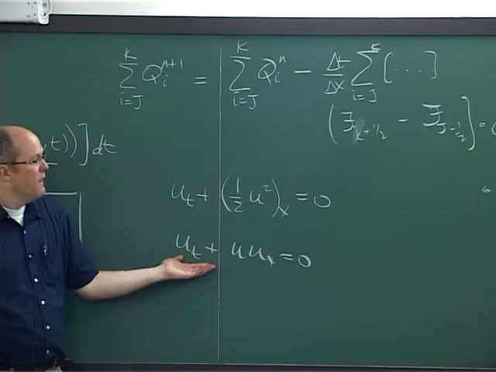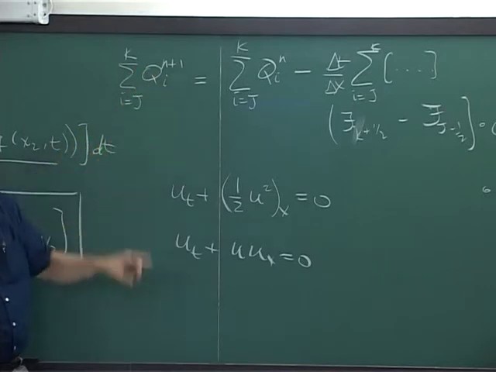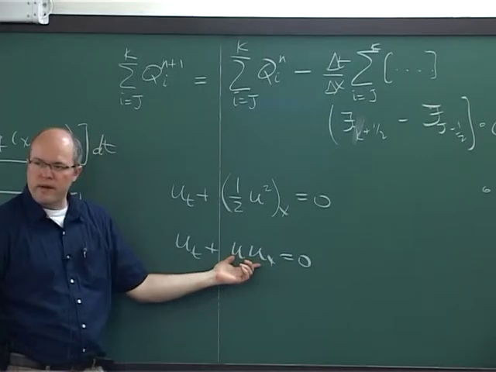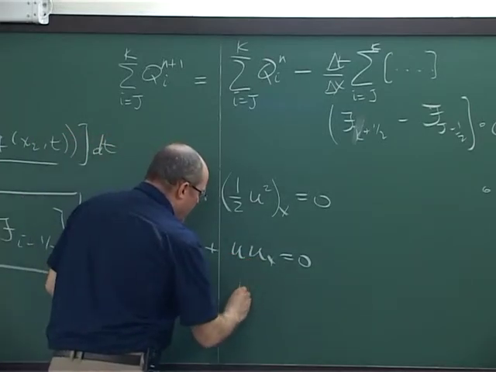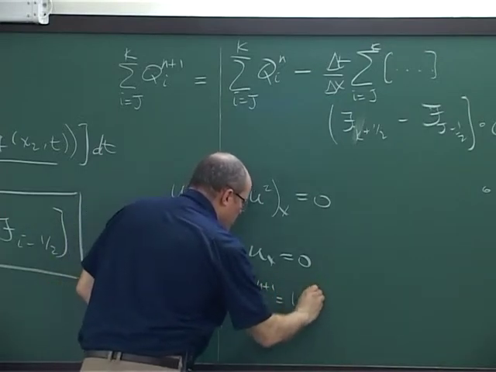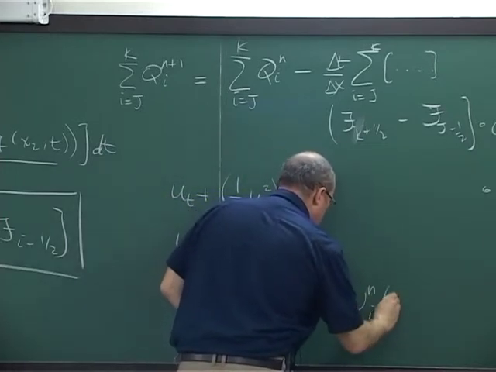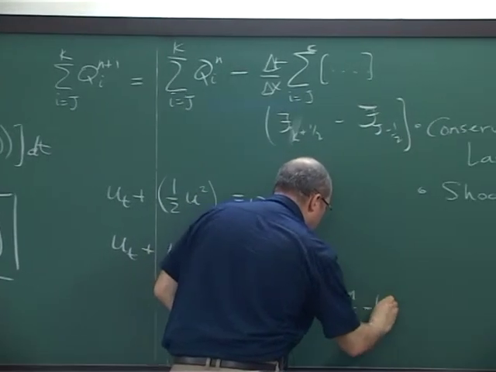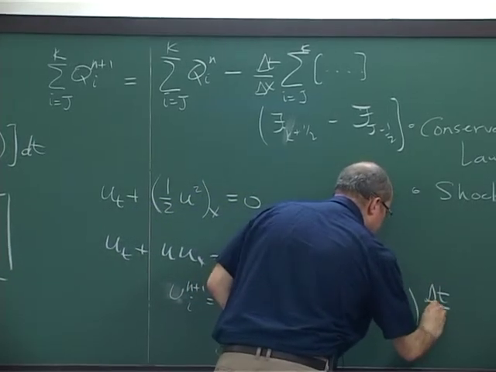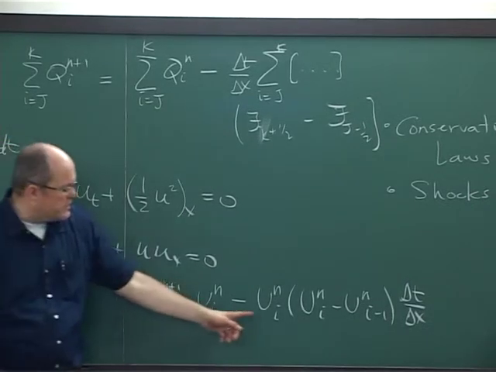I'm not going to take the time today, but imagine now doing the same process with this equation. When I do the integrals, define the averages, and sum them all up, these terms will not cancel out, because when I write a finite difference for this, it might look like this, with a delta t and a delta x here. If you look at this, what I'm doing is an upwind method, right?